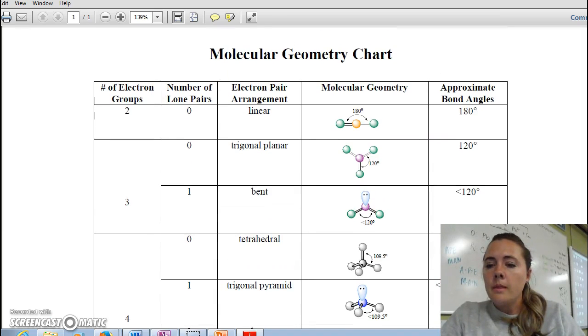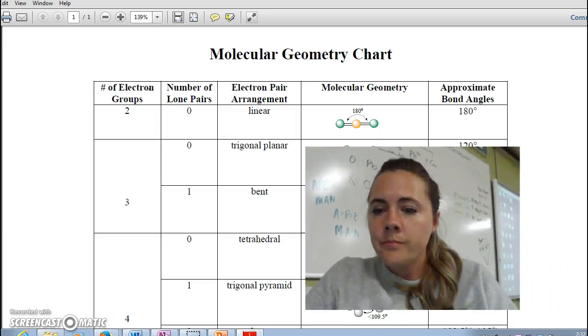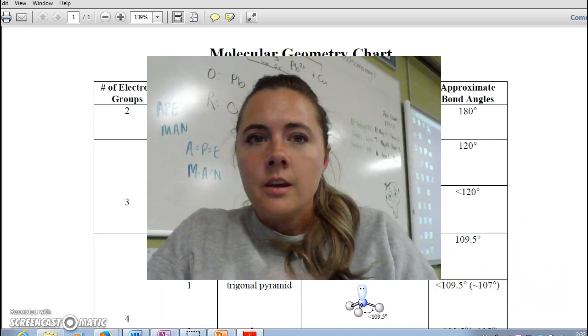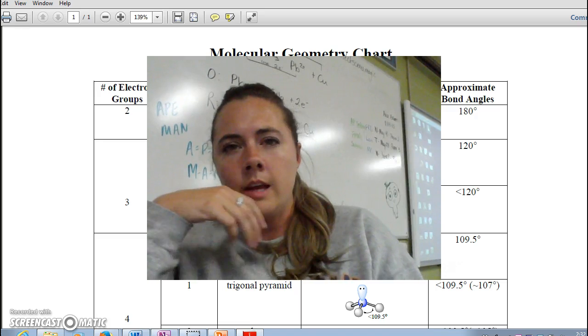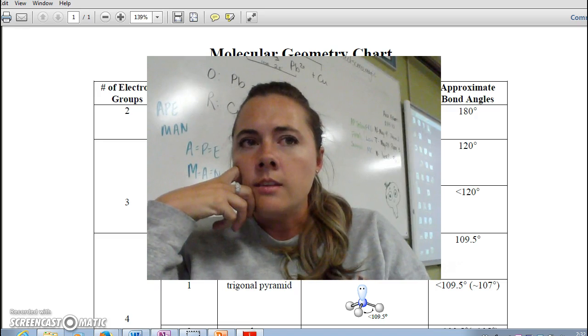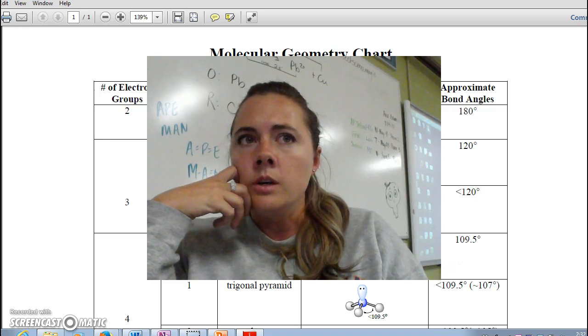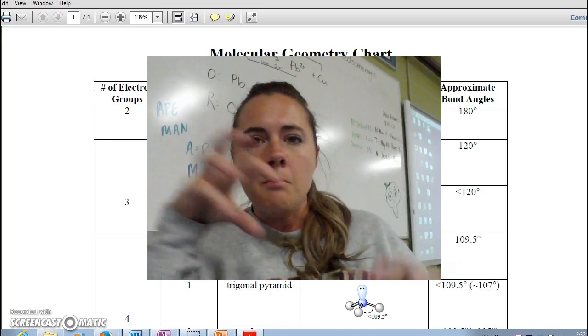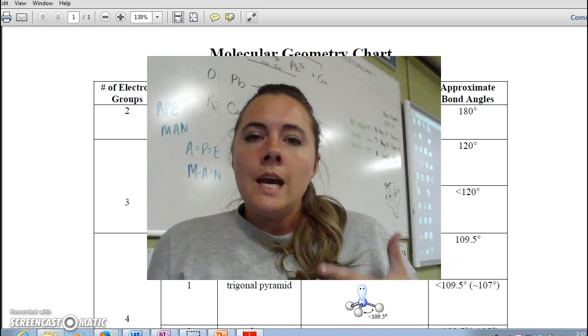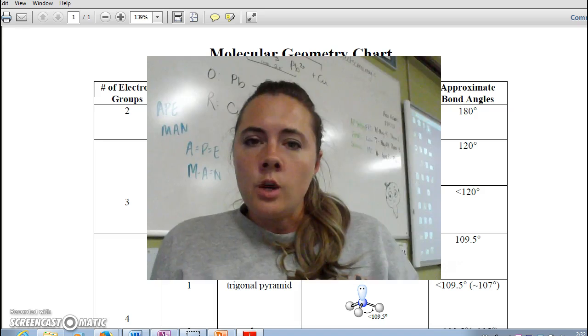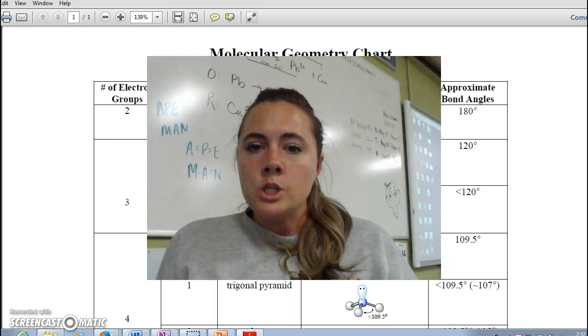So that's it. We're going to go over these molecules in class on Monday and Tuesday, and we're just going to spend some time modeling and playing around with models. But here's what I need from you. I need to see a set of notes from you with images showing these shapes.